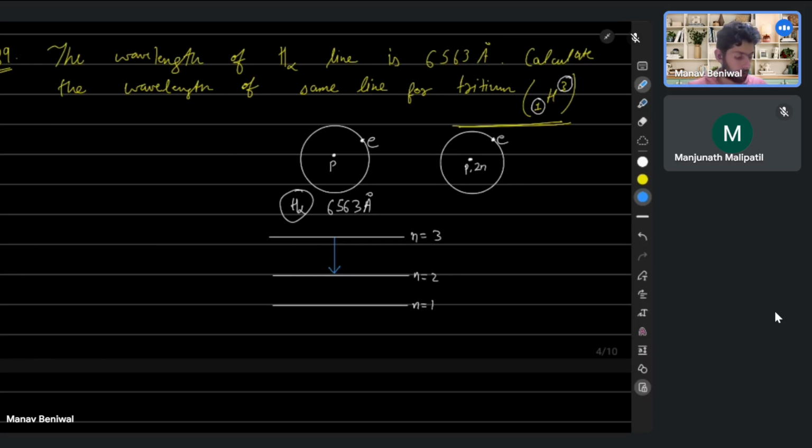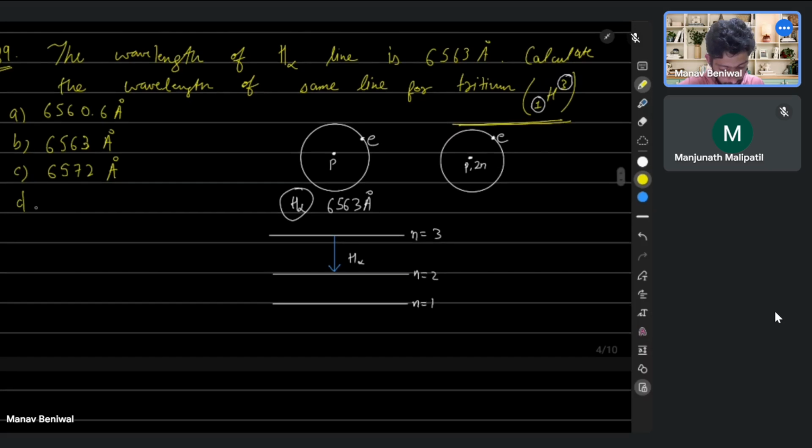This is your Balmer series. The spectral line that we get is known as the H alpha spectral line. Okay. So what are our options? Our options are 6560.6 angstroms, 6563 angstroms, 6572 angstroms, 6620.5 angstroms.